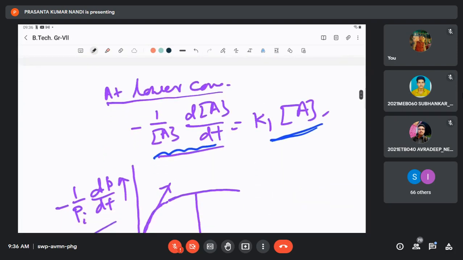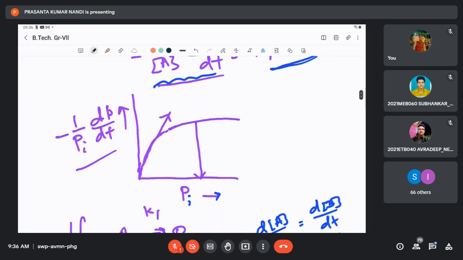Now if we plot, because azomethane when it decomposes produces nitrogen gas, and azomethane itself also contains nitrogen, instead of total pressure we consider the partial pressure denoted by Pi.